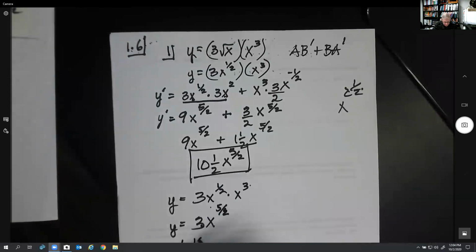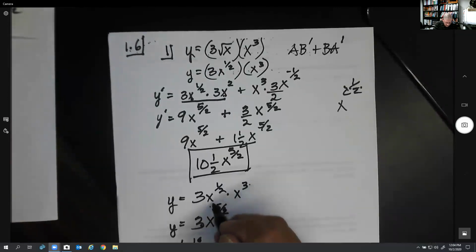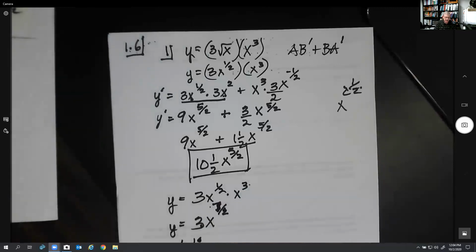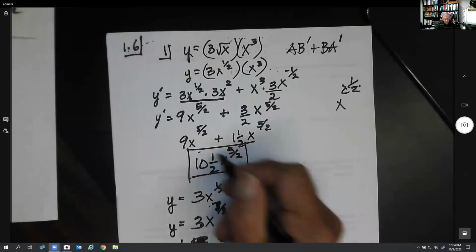Is that right? Oh, wait, 3 plus 1/2 would be 3.5 or 7/2. Excuse me. And then 7/2 times 3 would be 21/2, x to the, subtract 2 2's, 5/2, which is the same thing we had.